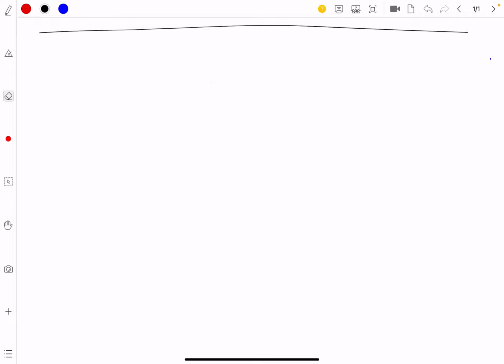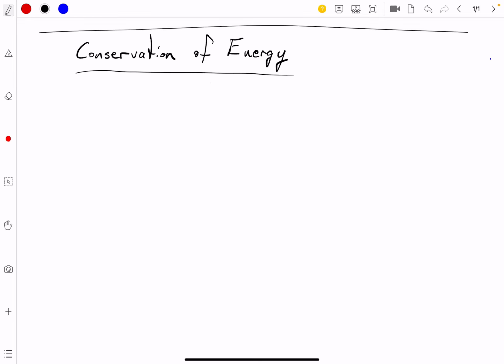And the next thing is one of my favorite things. Okay, so conservation of energy. It's fabulous. What do we have? We could have some potential energy, and that potential energy could be anything.